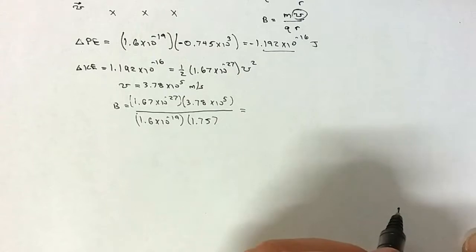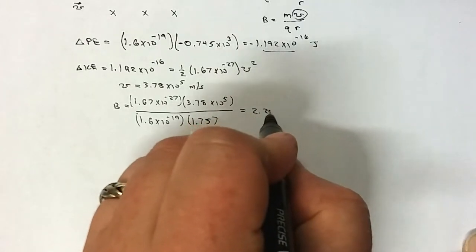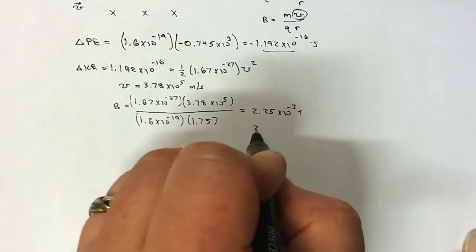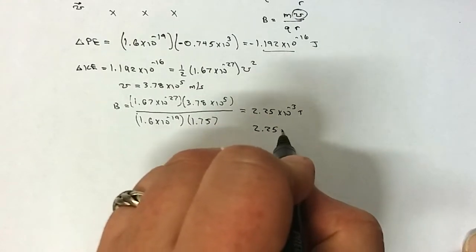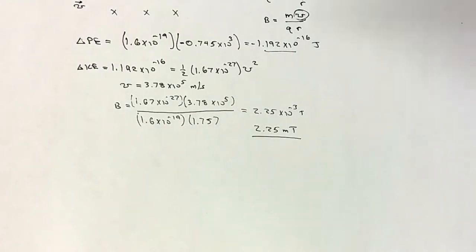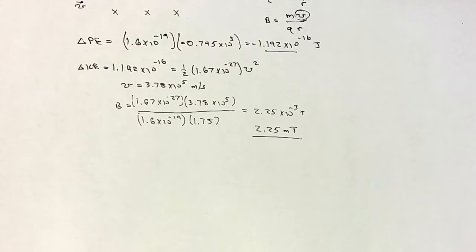And if you put that into a calculator, you find 2.25 times 10 to the minus 3 tesla, or 2.25 millitesla. That magnetic field should make those protons accelerate in a circle of radius 1.75 meters.